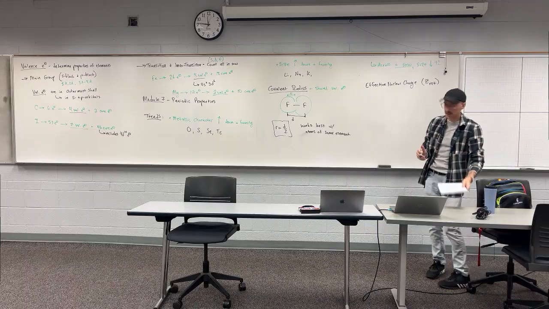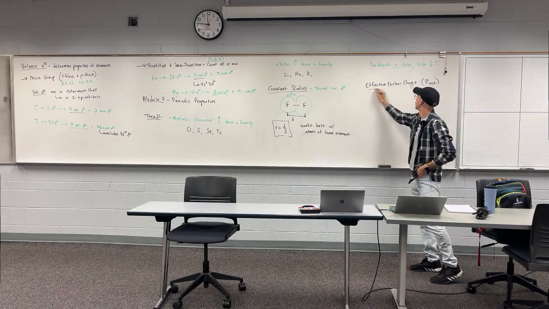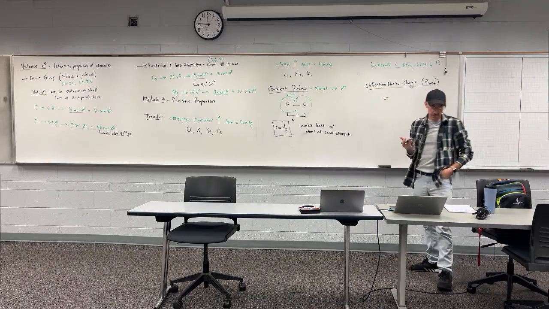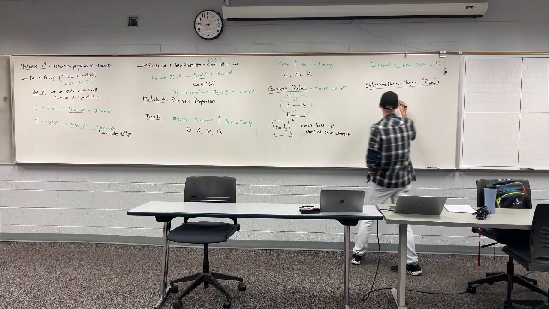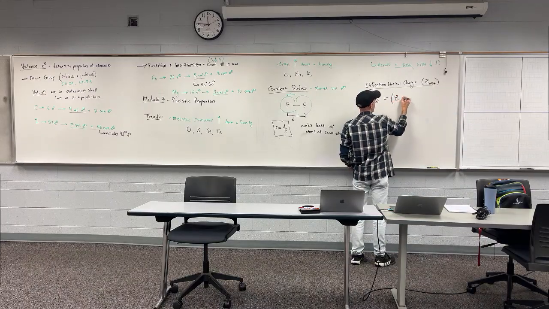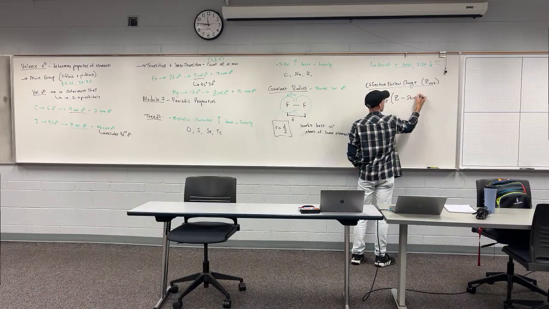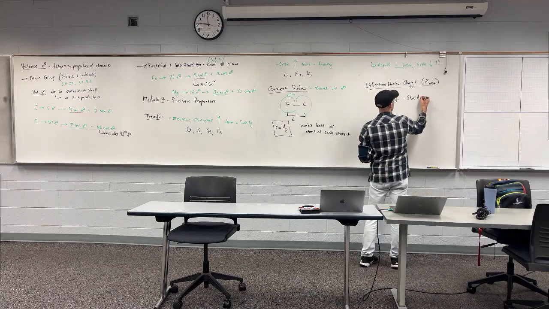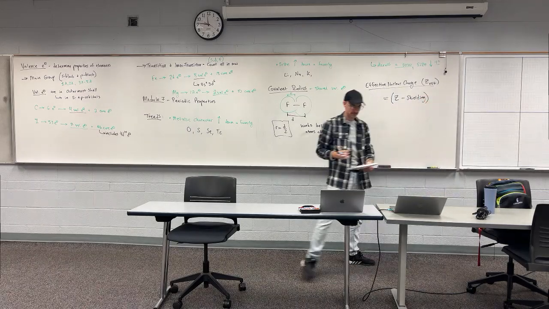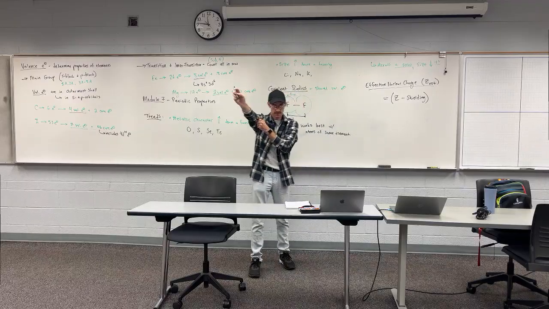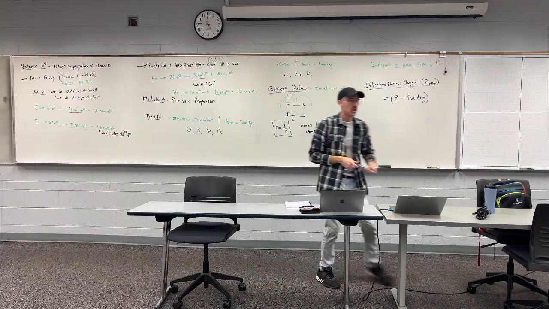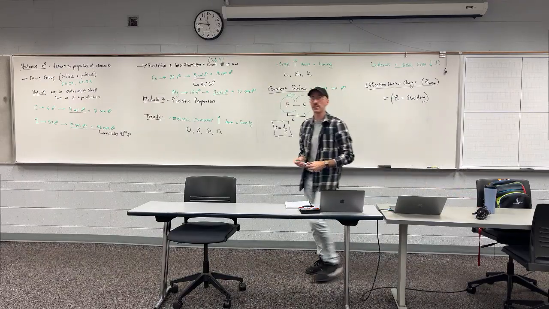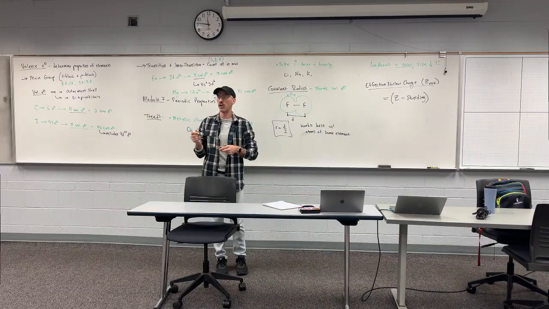To calculate this, this is an equation. The effective nuclear charge is the atomic number minus the shielding that it experiences. But we can actually replace this shielding with something that we can count and implement on our own.